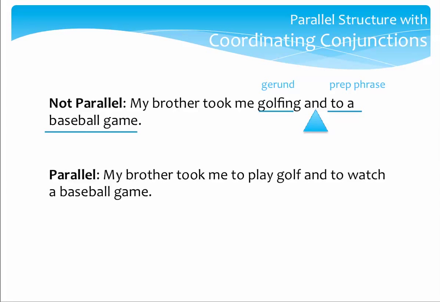My brother took me to play golf and to watch a baseball game. Here I had to change both to make it make sense. We wouldn't say my brother took me golfing and watching a baseball game. That doesn't sound right. So sometimes we really only have one option based on what it is I'm trying to say. But by doing this, I've created two infinitive phrases.